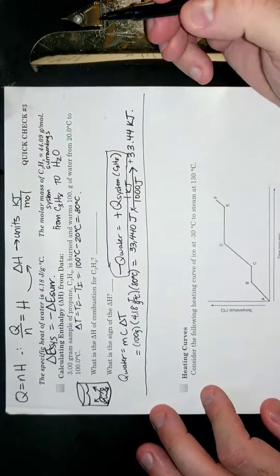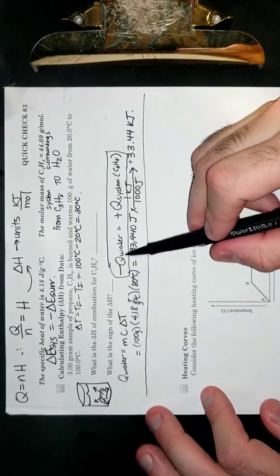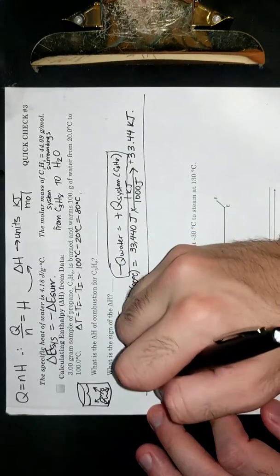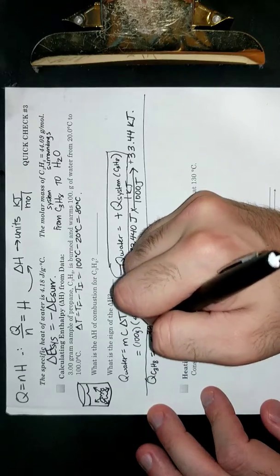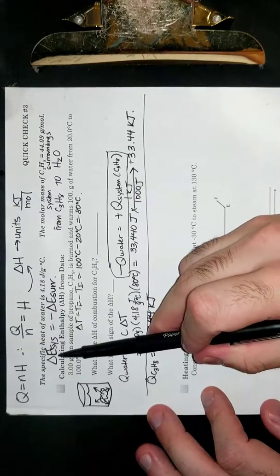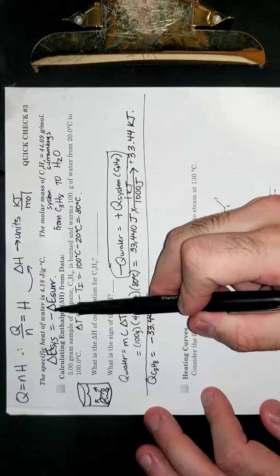Now, making a note here that this energy went from the propane to the water, and this energy is positive. So negative Q of the water is equal to Q of the system. If the water's energy is positive, that means Q of the propane must be equal to negative 33.44 kilojoules. That's because delta E of the system is equal to negative delta E of the surroundings.